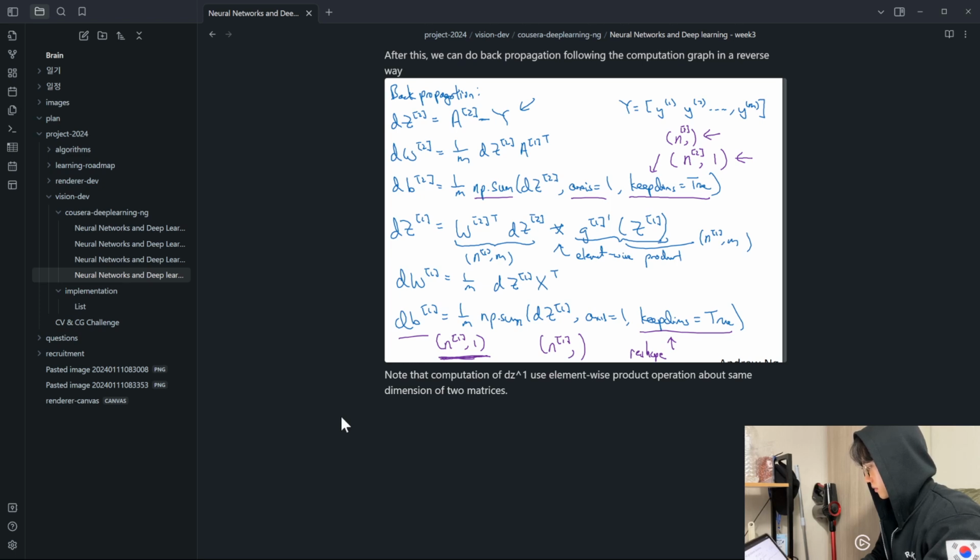And both of these are also n1 by m dimensional. And so that's why that asterisk is an element-wise product. Right. And then finally, the remaining two updates perhaps shouldn't look too surprising.